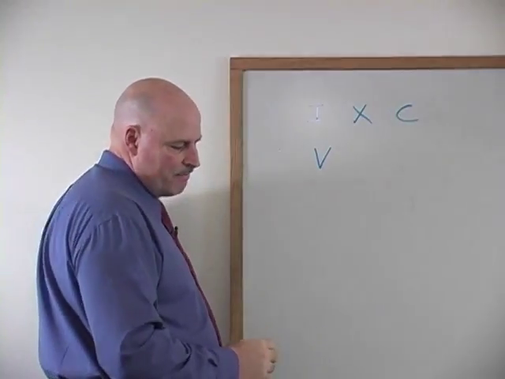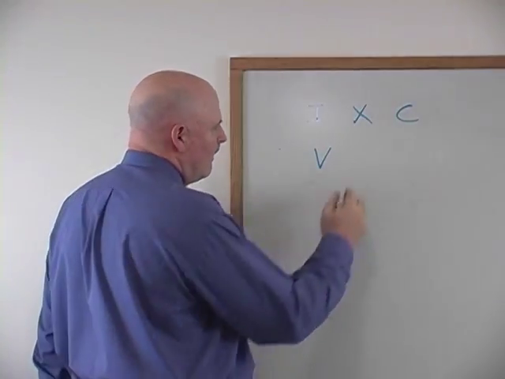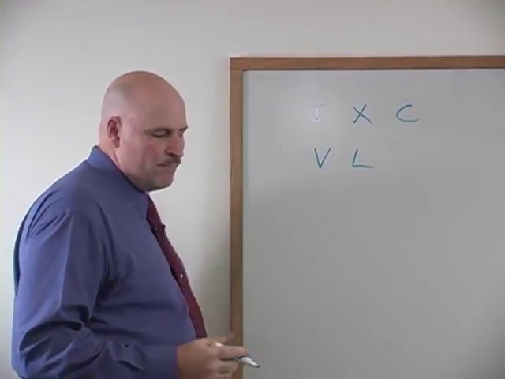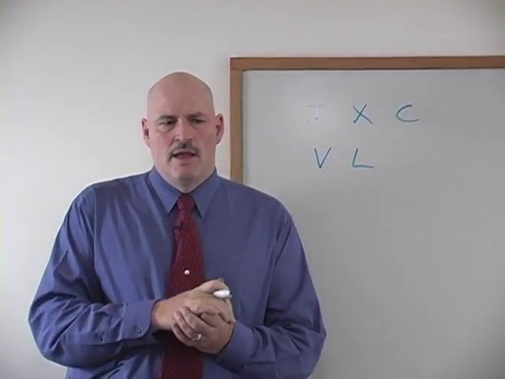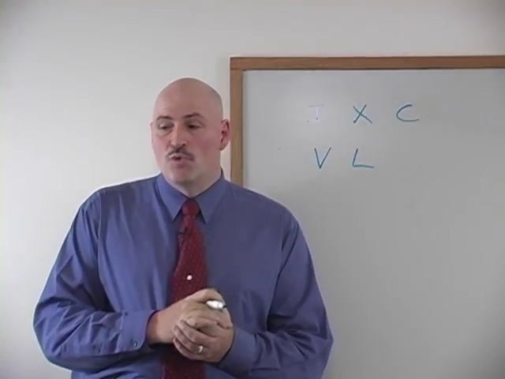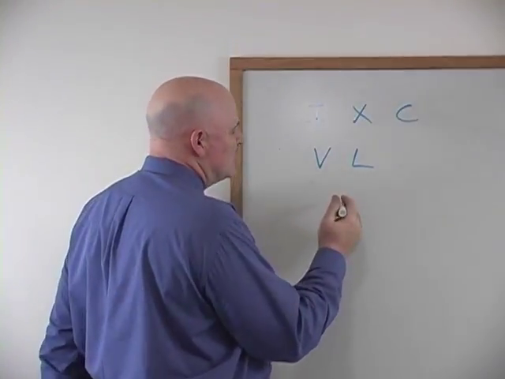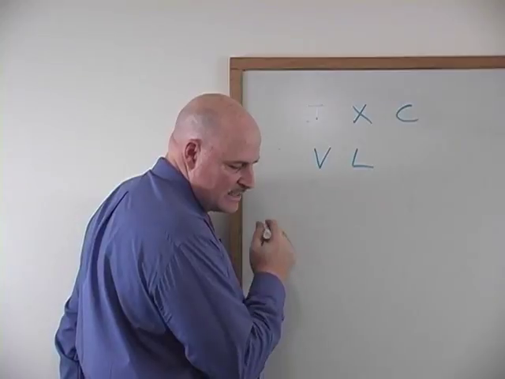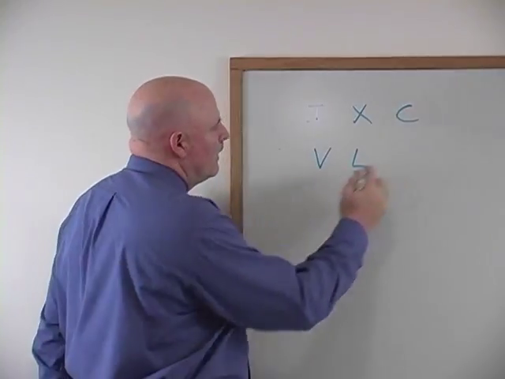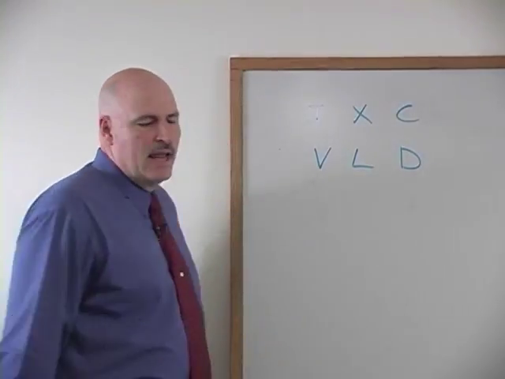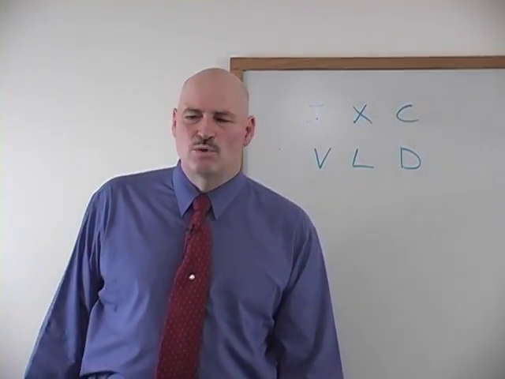How about 50? L. L, good. Okay, now we're going to learn 2 more. One is for 500. You know what 500 is? M. Nope. D. Okay, so D would be 500. I'm going to put that in this row here. And what would you do for 1,000?